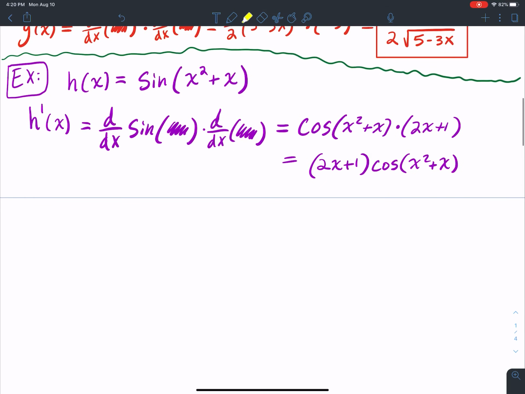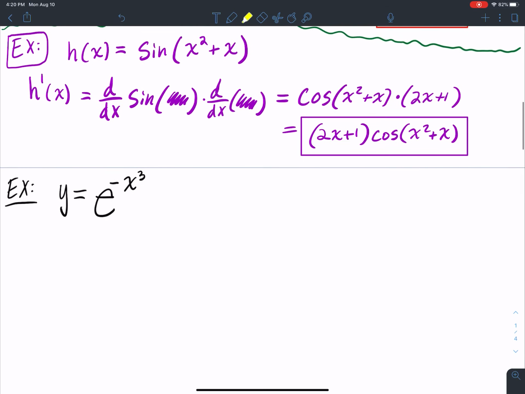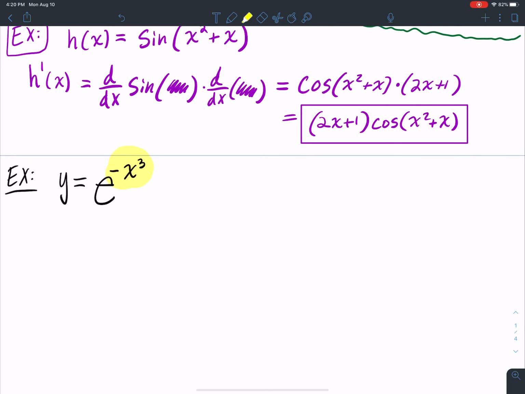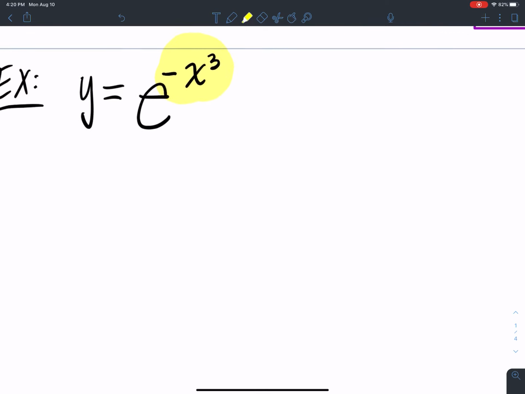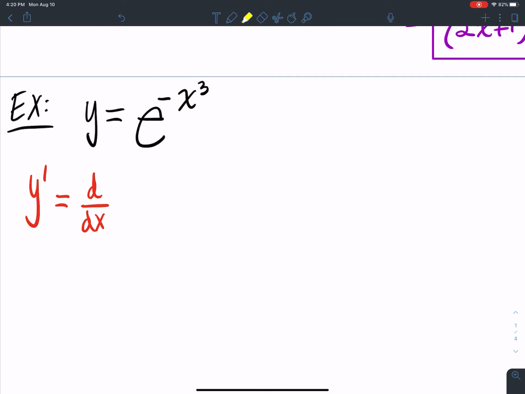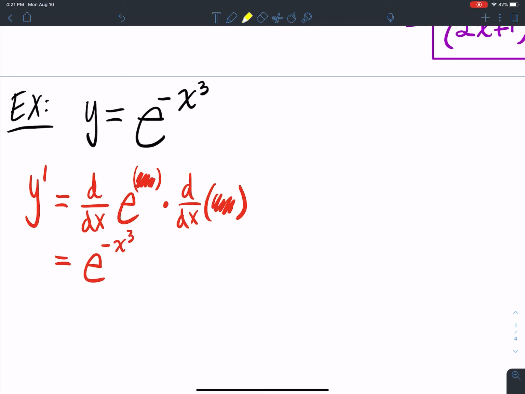So that's all okay. Now let's take the derivative of e to something. E to the negative x cubed. I take the derivative of e to the stuff, that's e to the stuff, multiplied by the derivative of the stuff. What's the derivative of e to something? Well, it's just equal to e to that something.